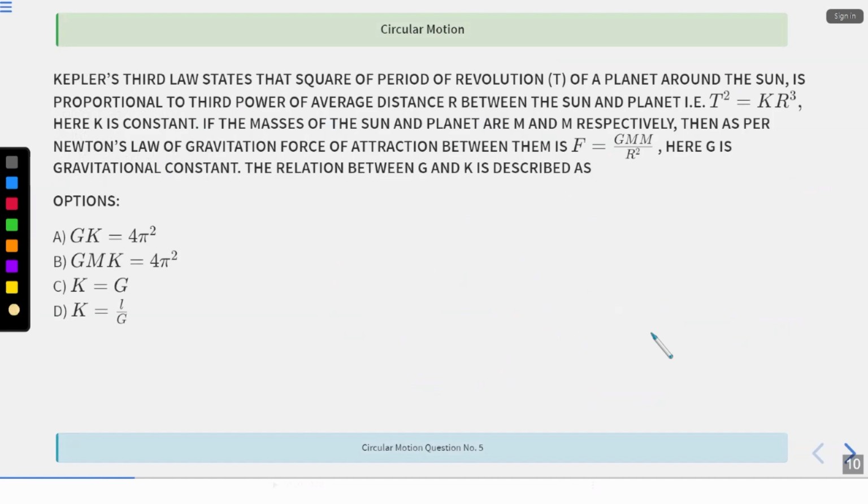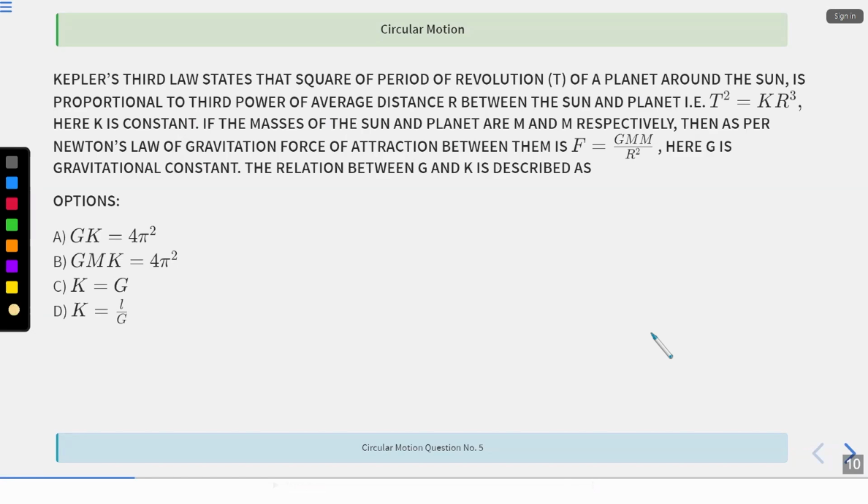The next question states that Kepler's third law states that the square of the period of revolution of a planet around the sun is proportional to the third power of the average distance r between the sun and planet. That is, T square is equal to k r cube. Here k is a constant.